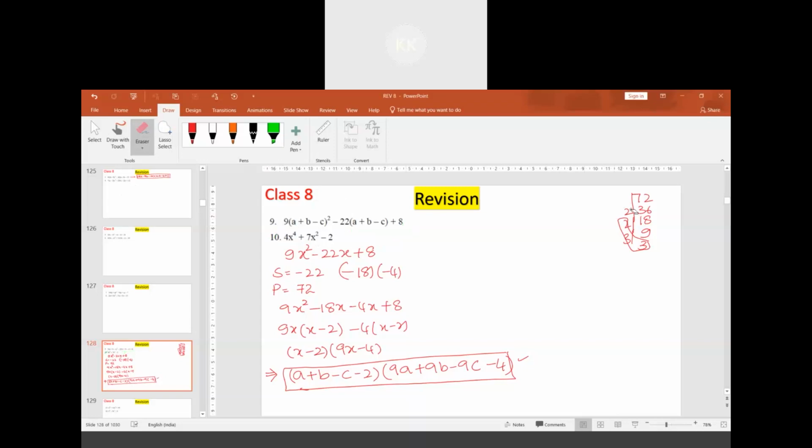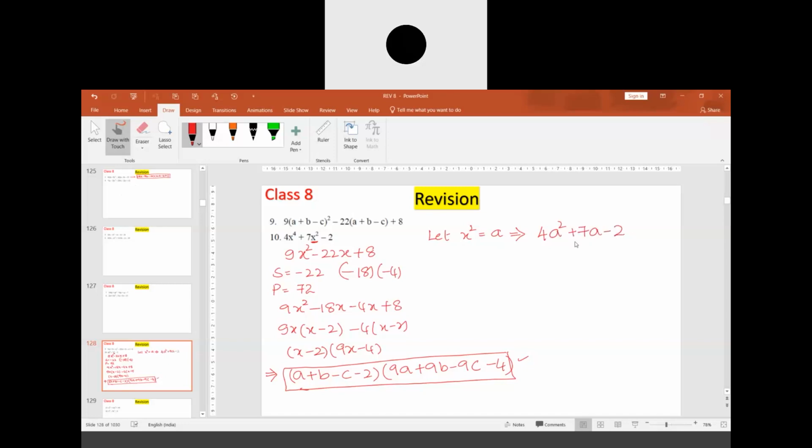Yes, sir. Let's see how to do it. One way I am thinking is, you take 2x square as something, some number. Let x square be equal to a. In such a case, this becomes 4a square plus 7a minus 2.